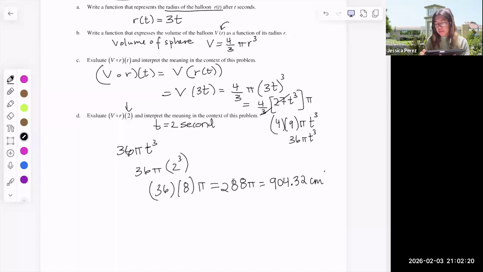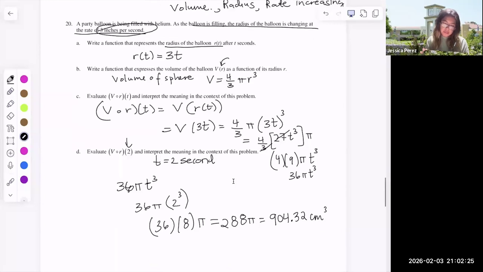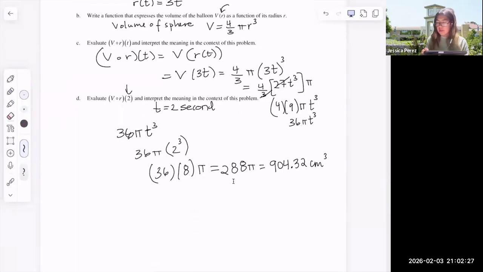904.32 cubic inches. Sorry, the units are inches, so this is inches cubed, or cubic inches.